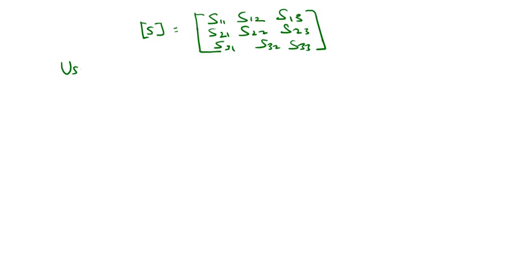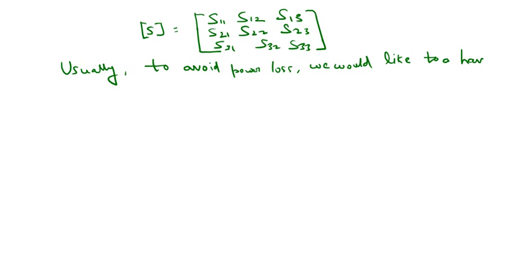Usually to avoid the power loss, we would like to have a junction that is lossless, and how is it possible? When all the ports are matched.